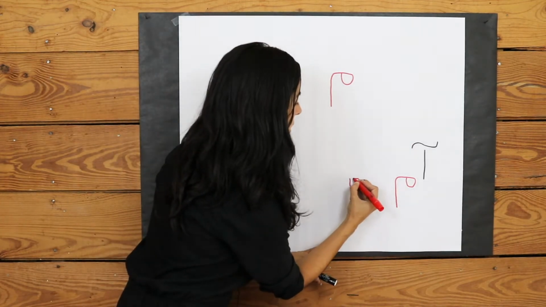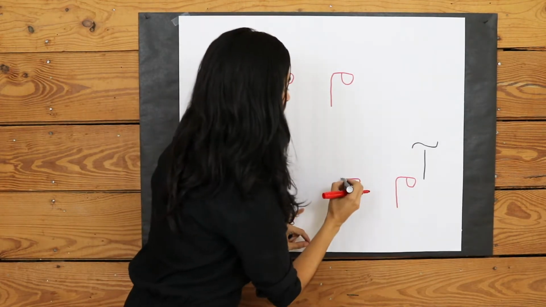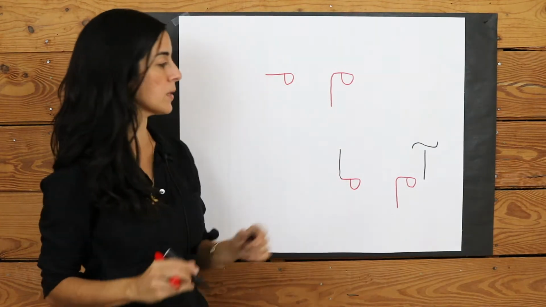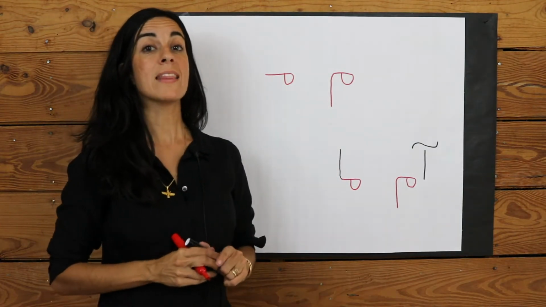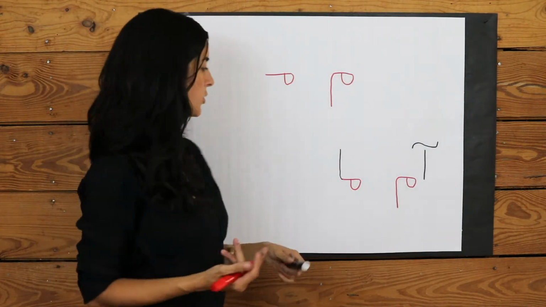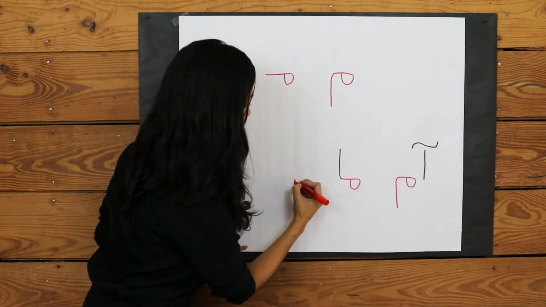Next, a me with an a becomes ma, and that actually means we. So that's a real word.